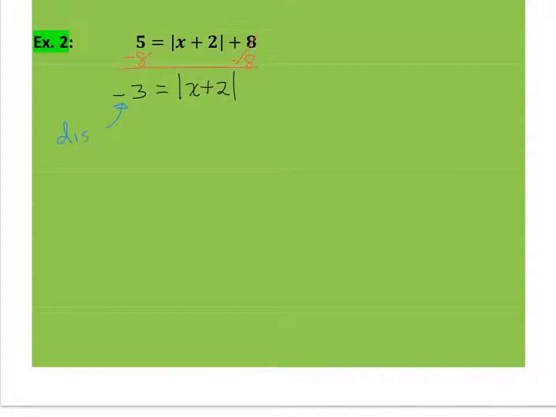Distance cannot be negative. So therefore, no solution.